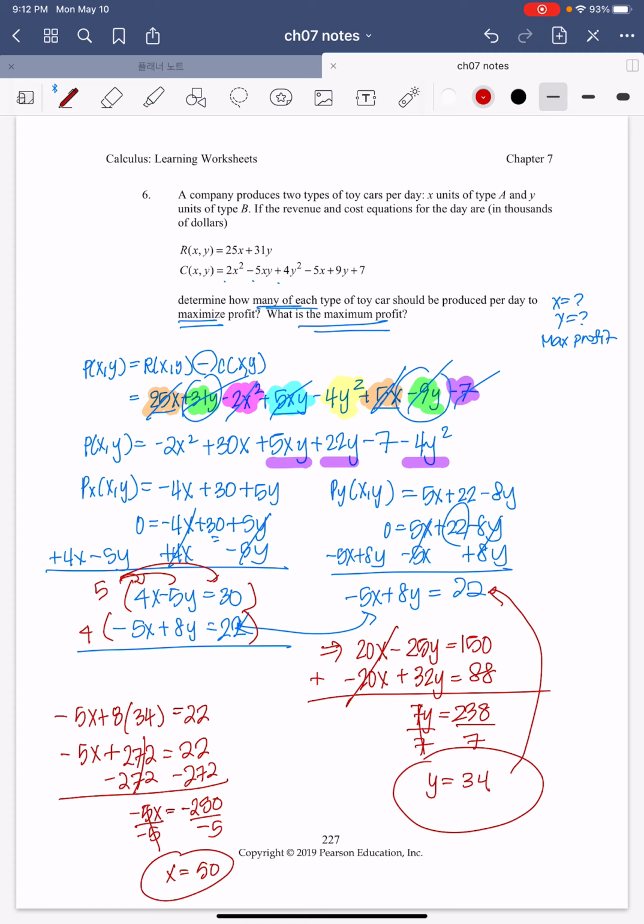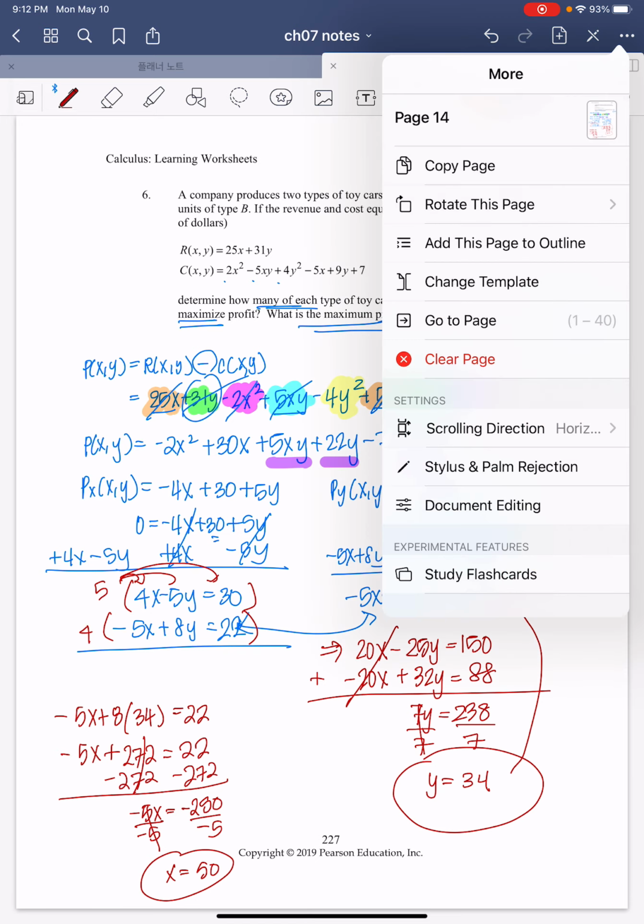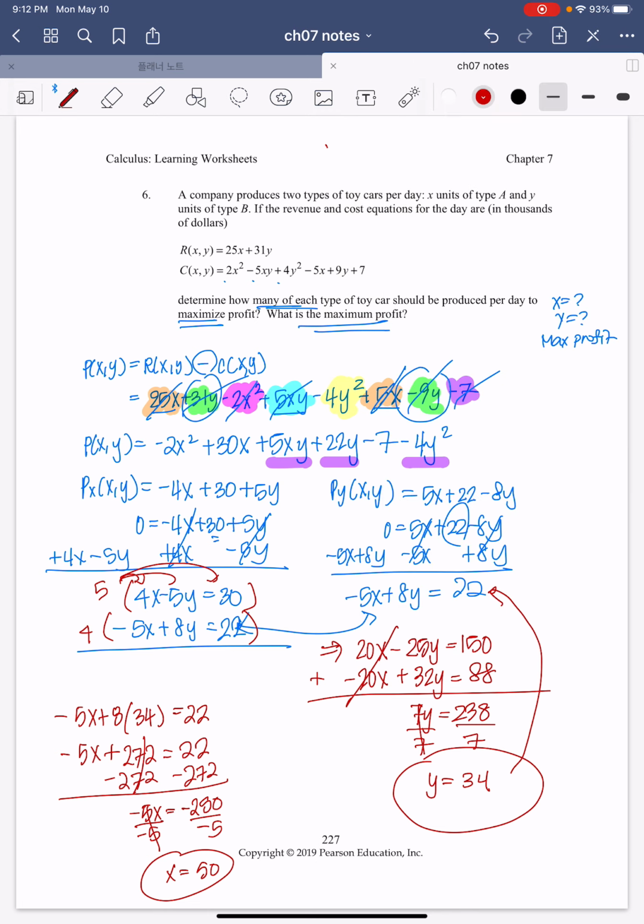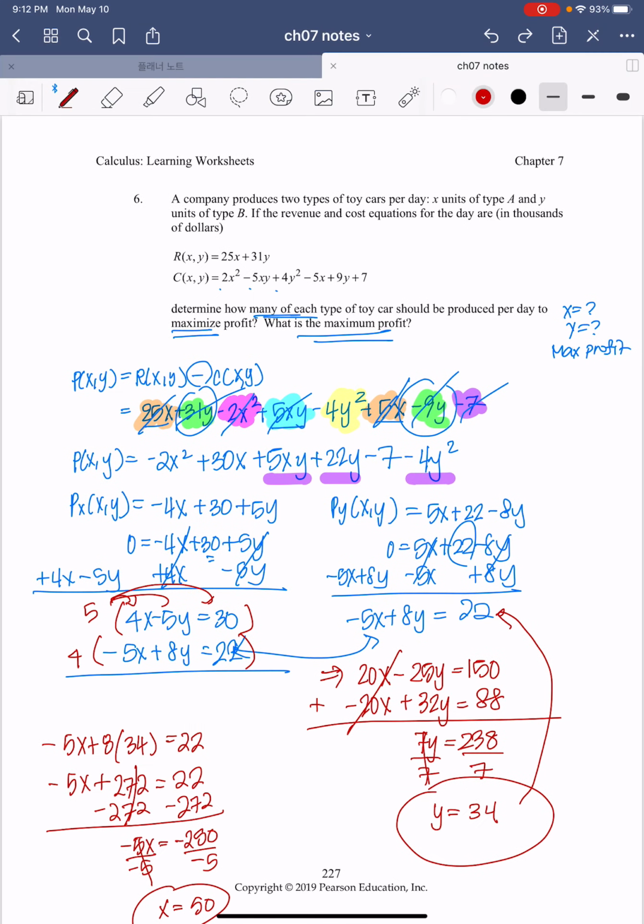So this is my critical value. So let me add a page. From this, we get 50, 34 as the critical point.